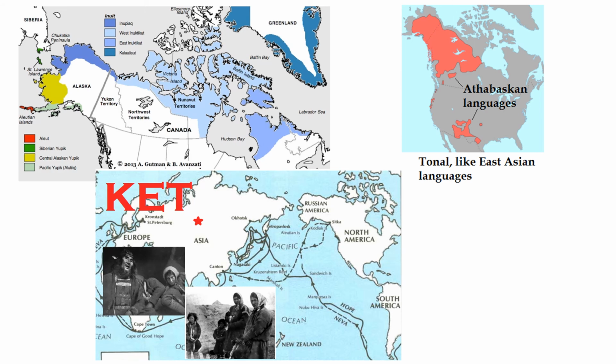But the Athabascan language group, researchers have discovered in the last few years a very remote group of Siberian people called the Ket that are very isolated and not very populous, and not very many native speakers of their language left. But it does still exist, and it has a lot of similarities, apparently, to the Athabascan languages.